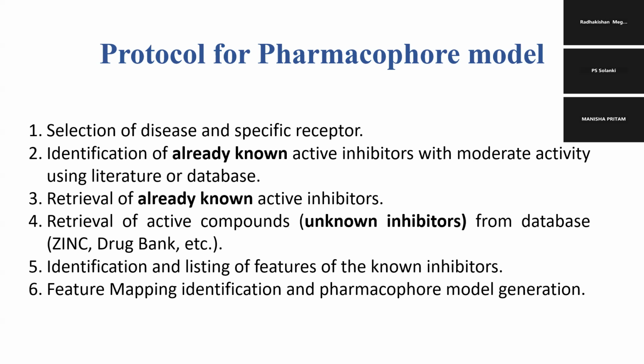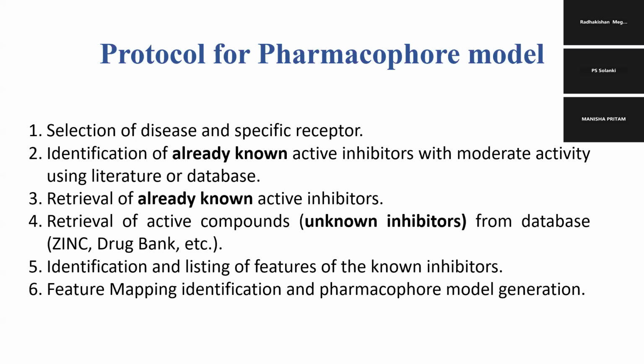For example, if you're using ACE2, you try to identify some drugs that can bind to ACE2 that can help prevent the spike protein from binding to ACE2, and it will inhibit further infection of SARS-CoV-2.